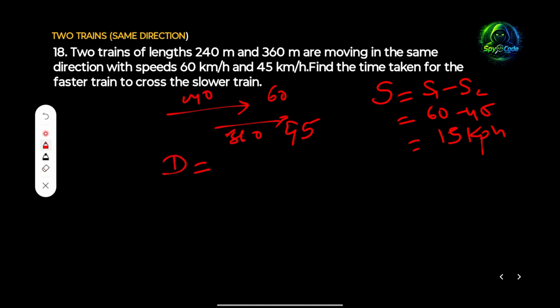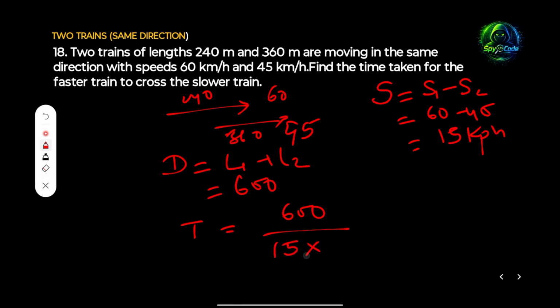Distance is L1 plus L2, that is 240 and 360, which is 600. We need to find the time taken for the faster train to cross the slower train. Time is distance by speed. Distance is 600 meters, speed is 15 kilometers per hour, so we are converting it into meters per second.